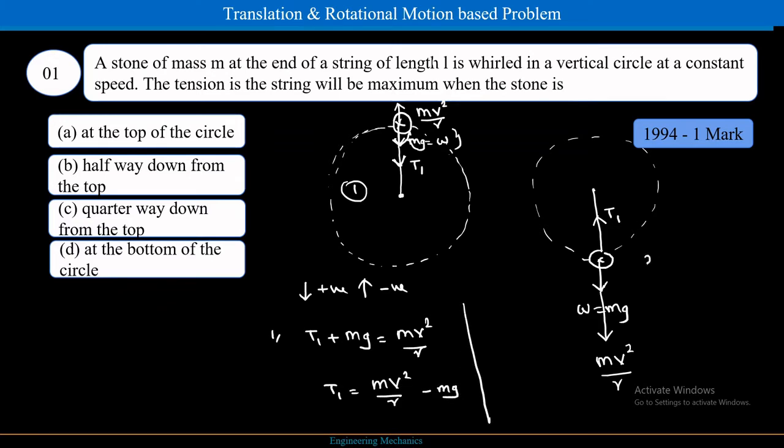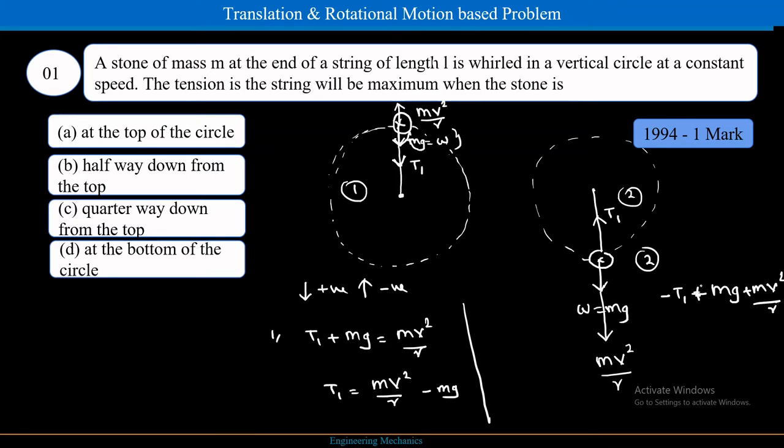And in case 2, whatever is going up is negative, say minus T1, which is equal to whatever is going down, which is positive, that is plus mg plus mv square by r, right?